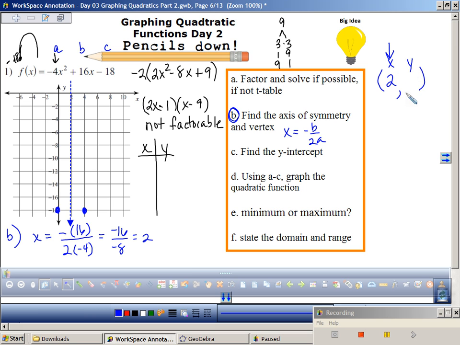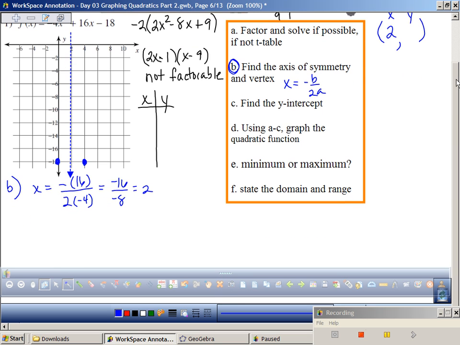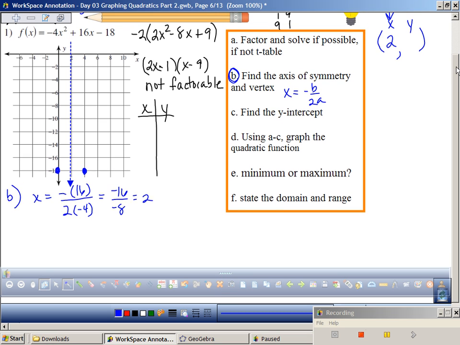So x, how do we find the y part of the coordinate? That's how you got this one. I know I'm putting you on the spot. Good job. Excellent. You plug in, say it louder. Plug it into what? The original equation, into x.